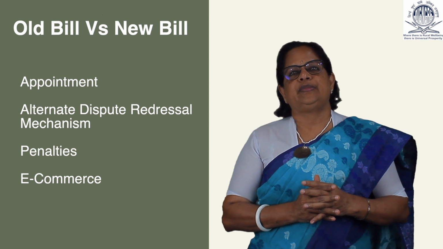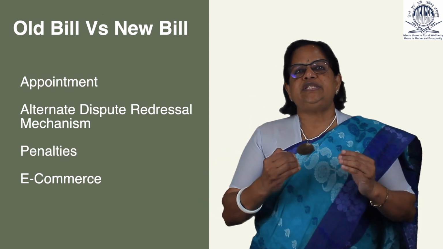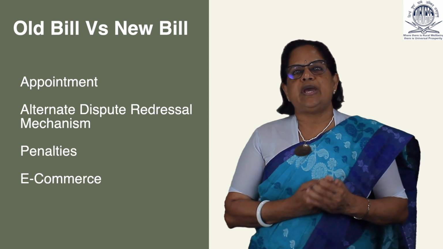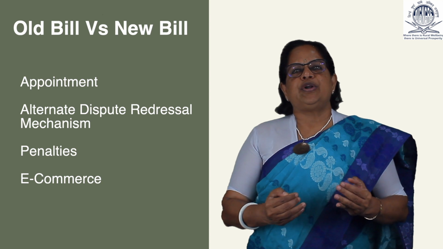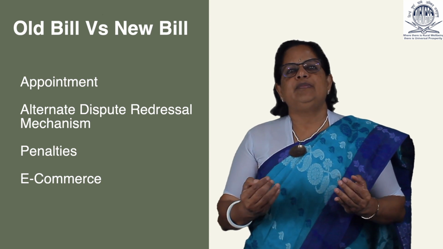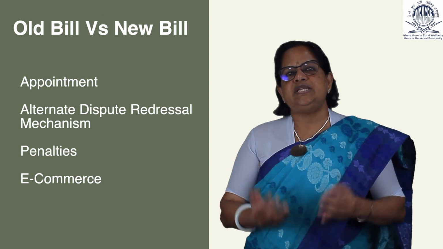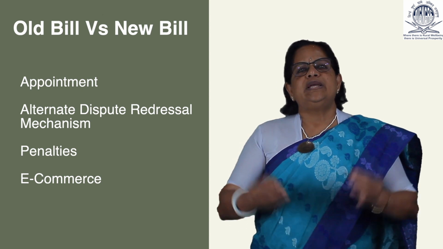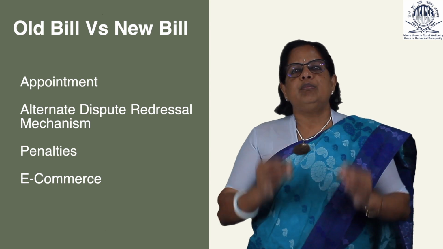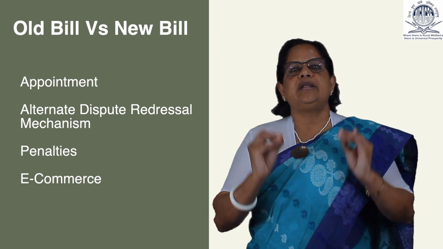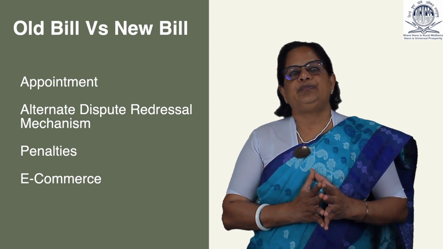We know that. Thus, we can see that there are tremendous changes in the Consumer Protection Act from old Act to the new Act. The Consumer Protection Act 2019 is the new amendment of the Consumer Protection Act 1986. There are several changes made in the new Act and most amendments are in favor of the consumers or the consumer groups.